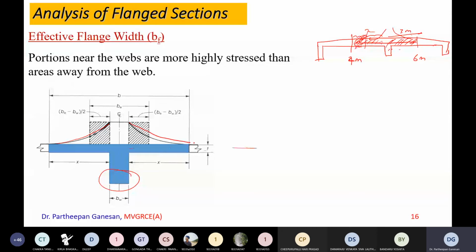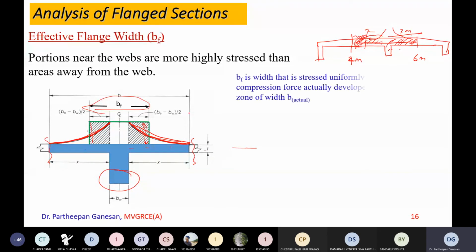I cut down here, and only part of the slab will be taking compressive stress like this in a parabolic variation. So instead of parabolic variation, if you find the equivalent rectangular distribution, this is a rectangular distribution where the stress intensity is this much. That is called the effective width of flange that we discussed yesterday.